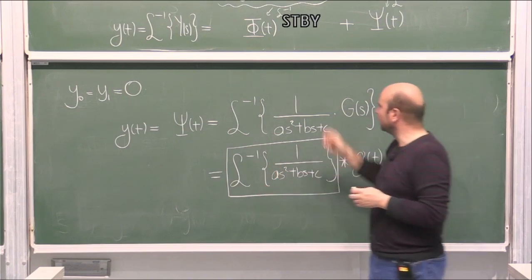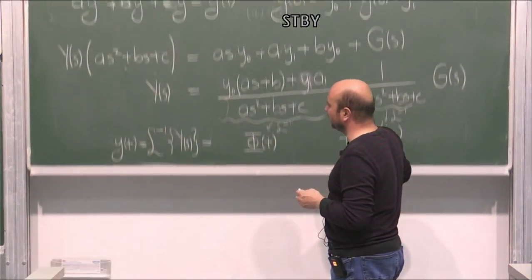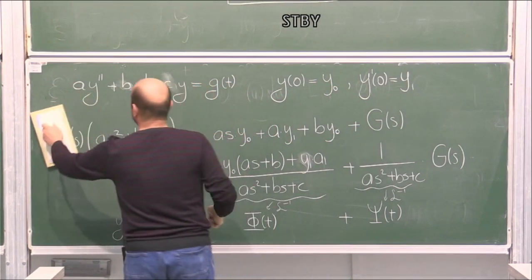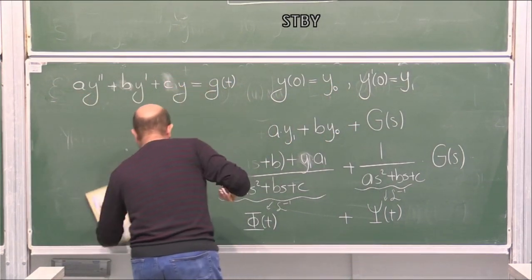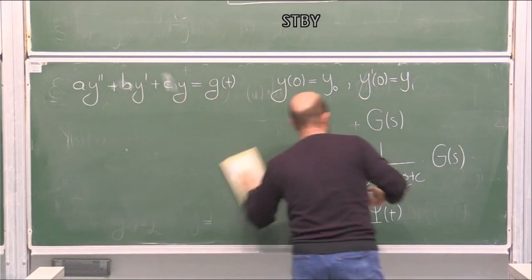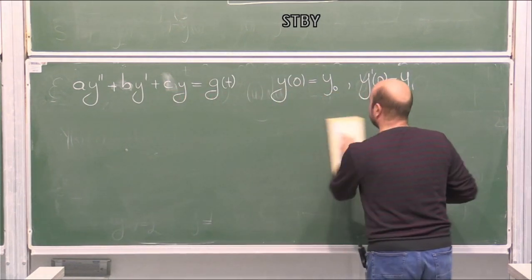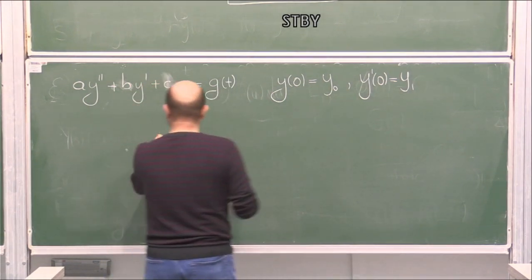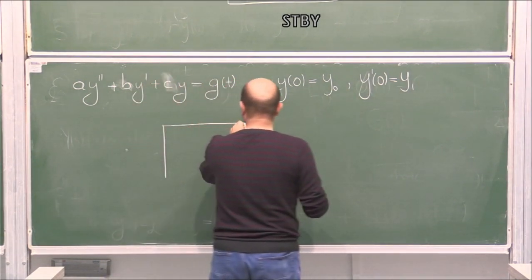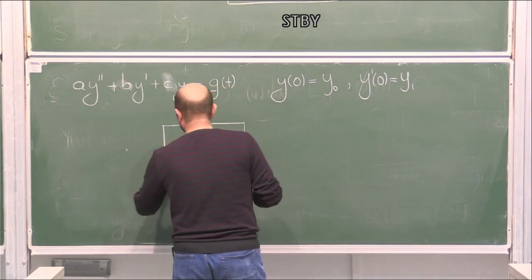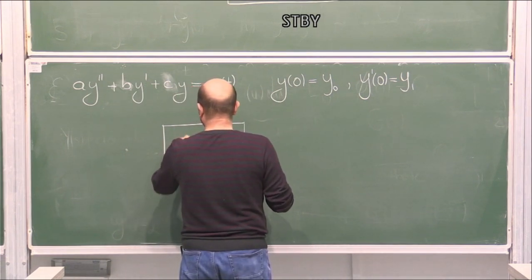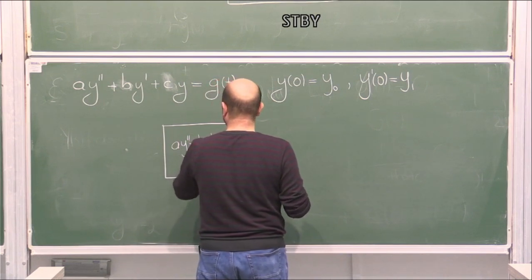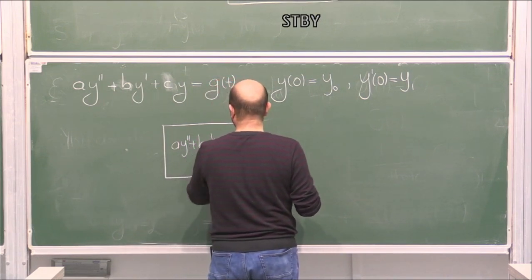So if you want to symbolize it, this is your differential operator. You can think of this as your a y double prime plus b y prime plus c y.